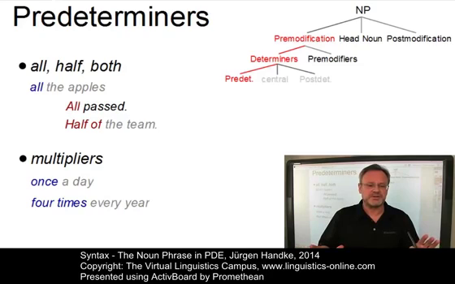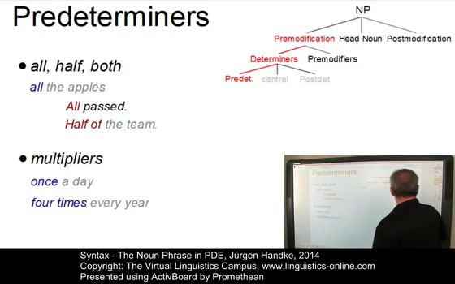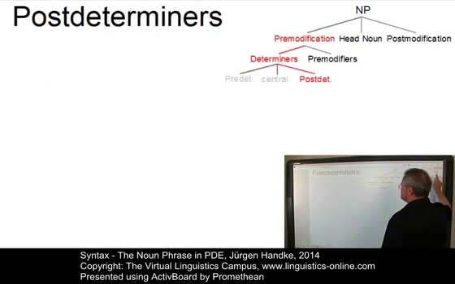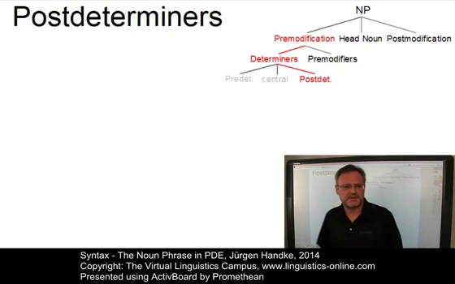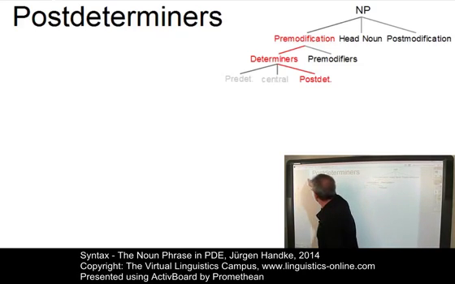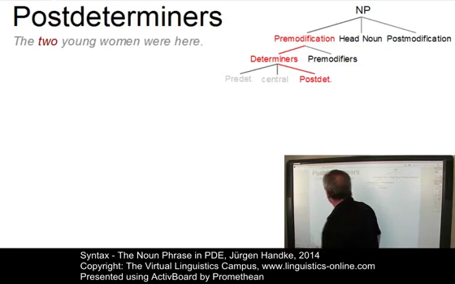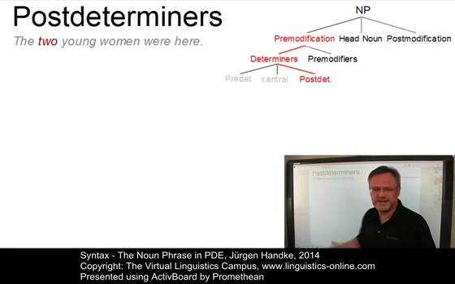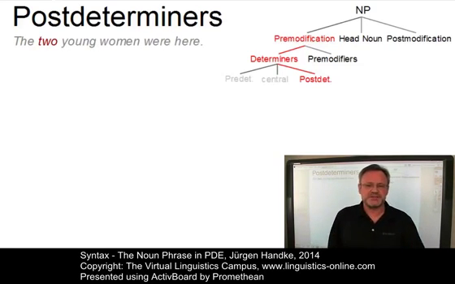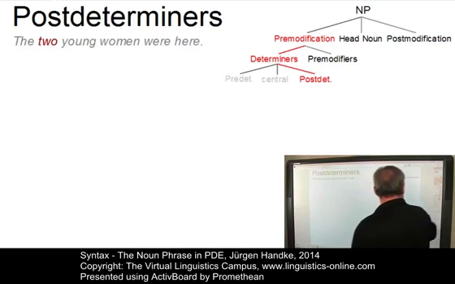So much for predeterminers. Let's now look at the elements that can follow the central determiners, the post-determiners, as in examples such as the two young women were here. Now here we have two, an element that takes its place immediately after the central determiner. These post-determiners fall into two classes.